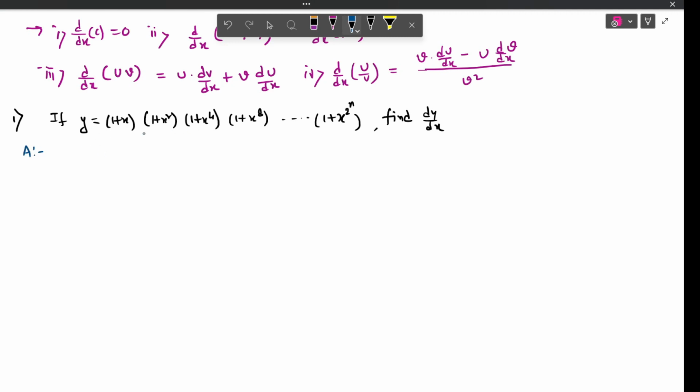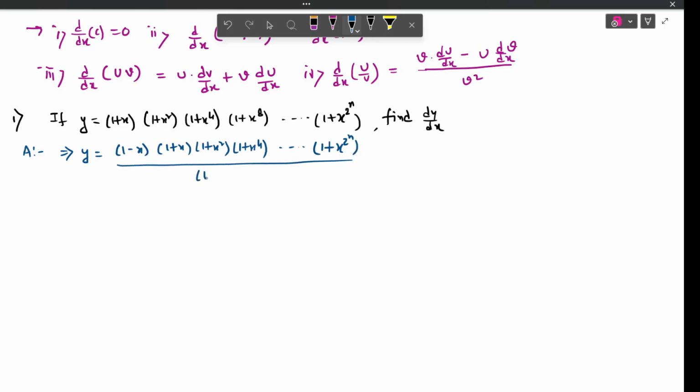See, here y is in this format. Let us multiply by 1 minus x and divide by 1 minus x. So it would be 1 plus x, 1 plus x square, 1 plus x to the power 4, up to 1 plus x to the power 2 to the power n, by 1 minus x.